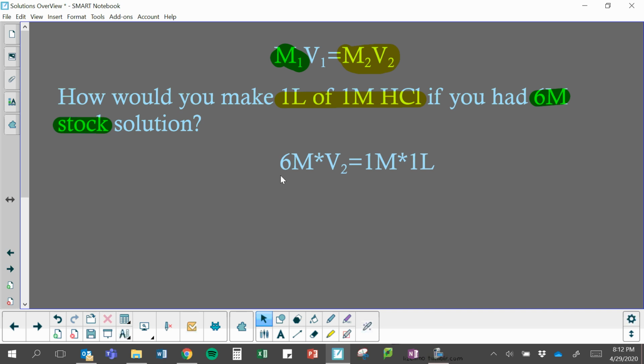So what we would do now, one thing to make sure that you keep in mind is that your units are the same on either side. So that means whatever volume we're looking for, it's going to be given in liters. So that means in order to find V1, we need to divide each side by 6 molar.